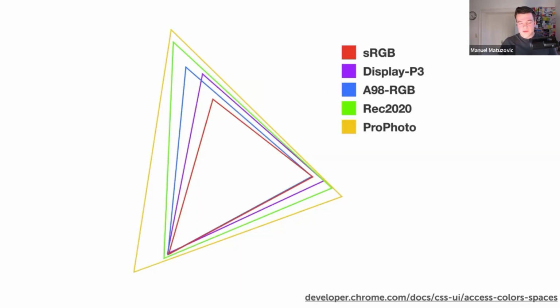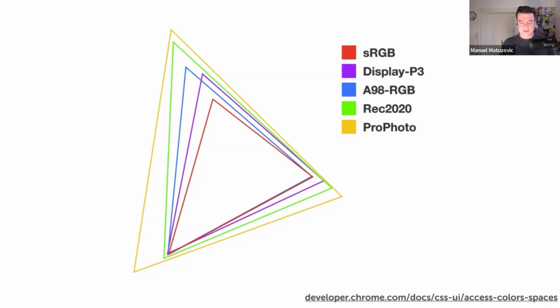There are different gamuts. So there's the sRGB gamut, and in this illustration, it's represented by this red triangle. So this is the amount of colors that we can display in sRGB. There's another one called display P3. It's relatively new, and we can also use it today. And you can see that this triangle, the purple triangle, is a bit larger, which gives us access to even more colors.